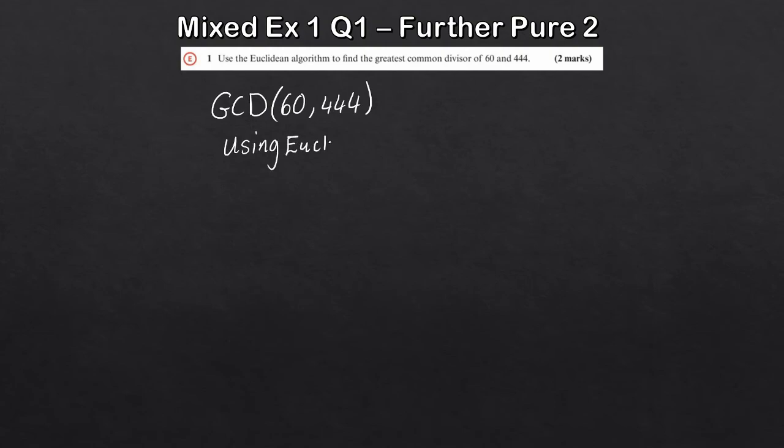Using the Euclidean algorithm, what we do is we write 444, the biggest number here, and we're going to consider what happens when we take the 60 into account. So how close can we get using the 60?